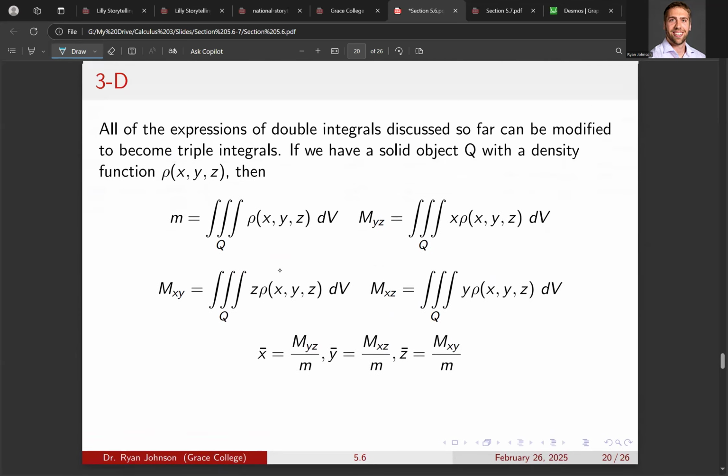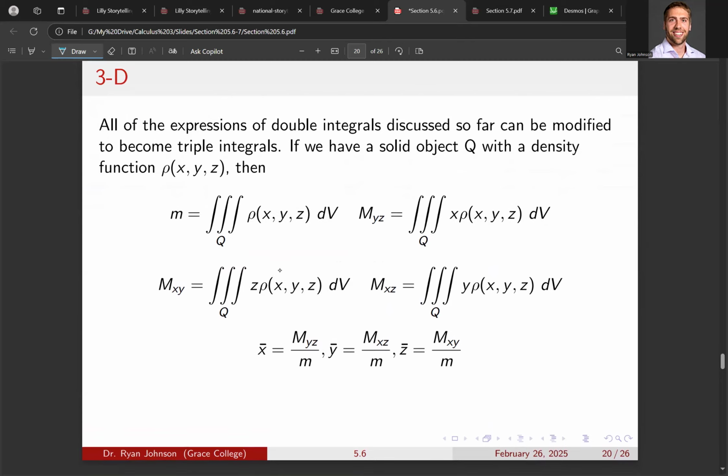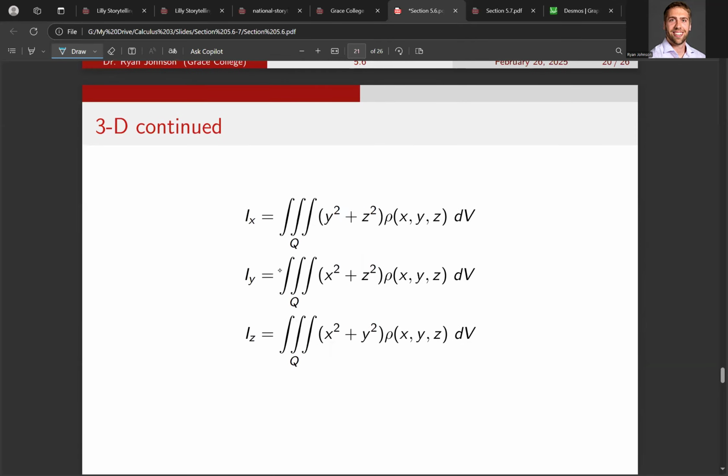These are in your book, and there's a lot of symmetry to these equations, so I'm going to move on. Now, if you're in 3 dimensions, you're thinking about around the x-axis, around the y-axis, around the z-axis. And so then you get these, and they don't add up as well, so you have to do 3 different ones.